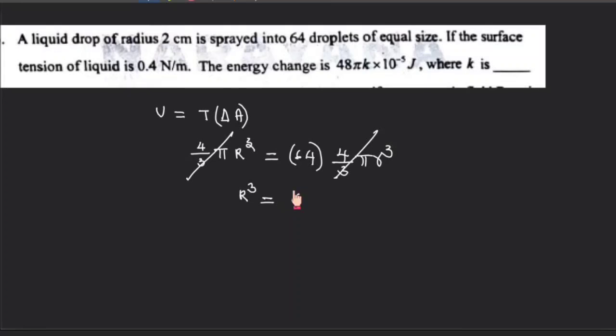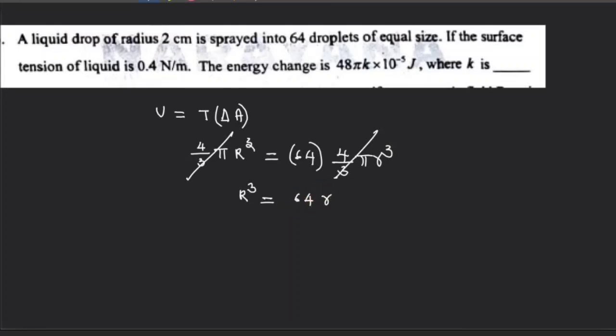So the volume is conserved. Initial volume can be written as 4/3 pi R cube, which is equal to the volume of 64 droplets: 64 into 4/3 pi small r cube, right? 4/3 pi and 4/3 pi cancel. So capital R cube is equal to 64 into small r cube.